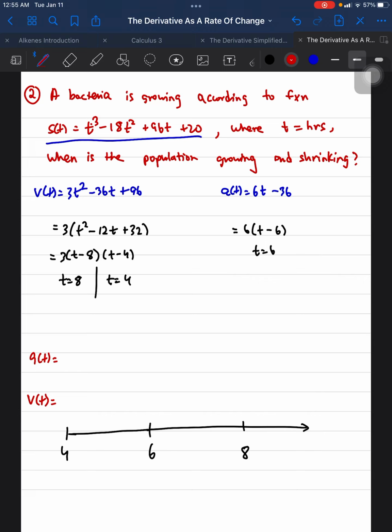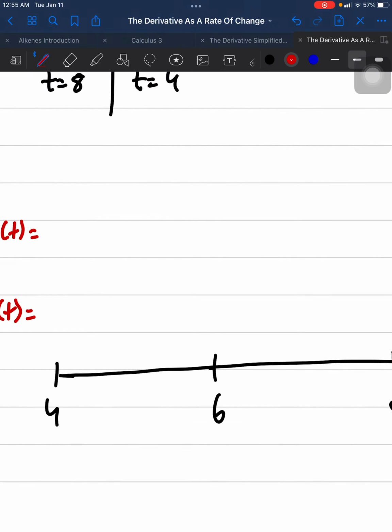Recall that we just need the signs, and we just need to compare them with each other. So if the signs of acceleration and velocity are the same, the population is growing. If the signs of acceleration and velocity are different, the population is shrinking.